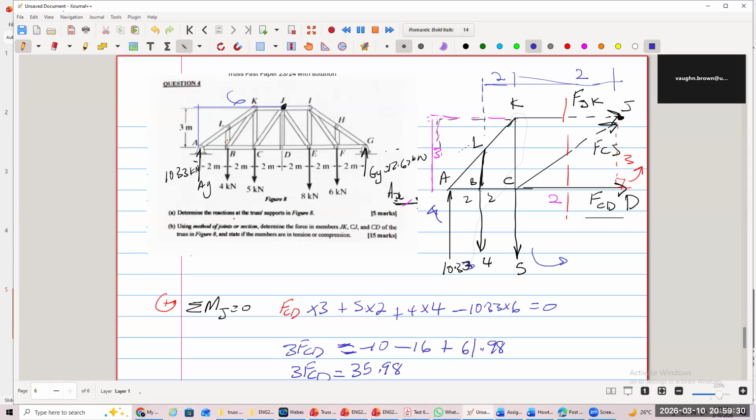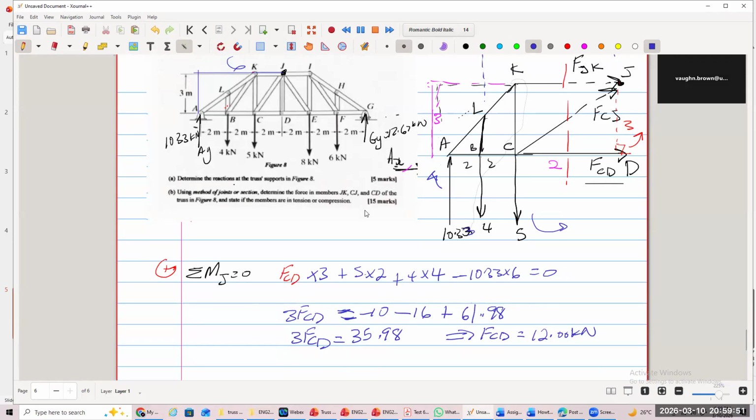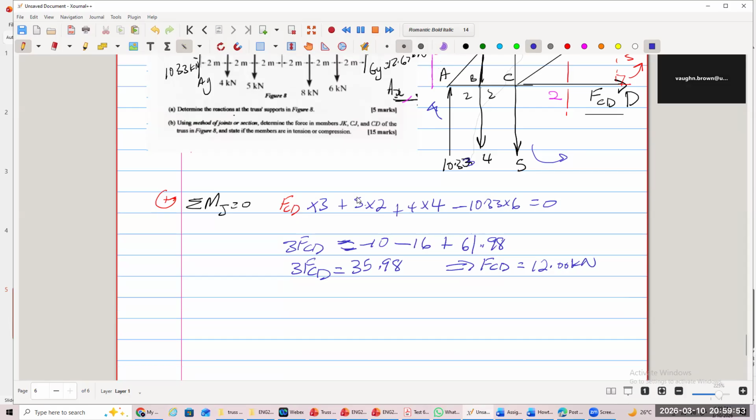Yes, 35.98 is FCD, you divide that by 3. And you get what now? Approximately 12 kilonewtons. A little bit less than 12, but I just round it because it's 11.99, right?